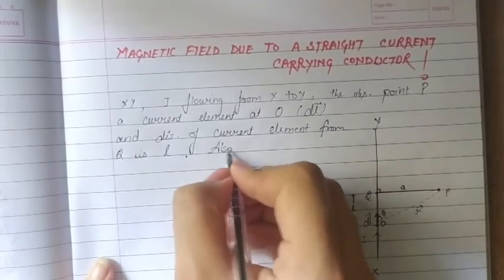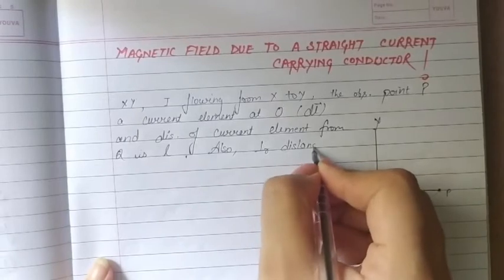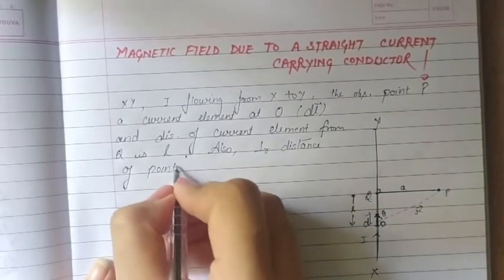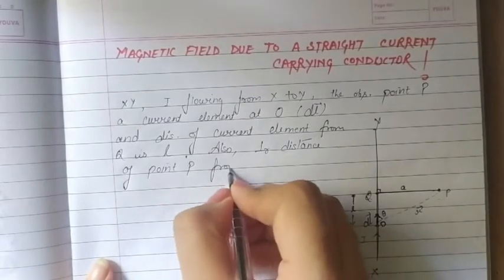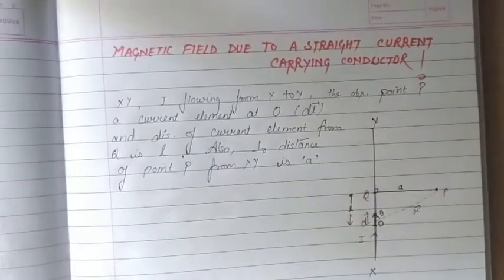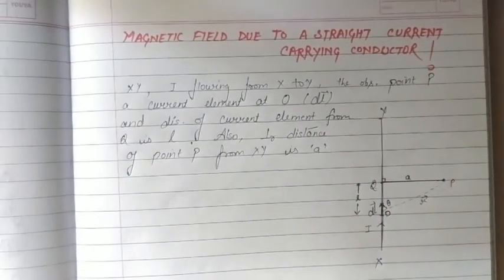Also, the perpendicular distance of point P from conductor XY is small a. So these are all the assumptions that we make to find the magnetic field at point P.